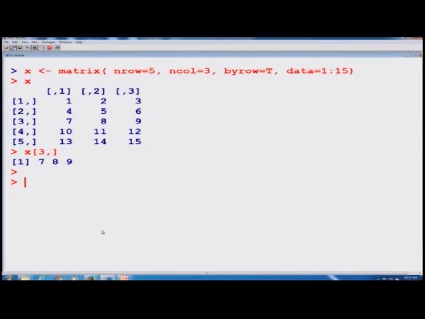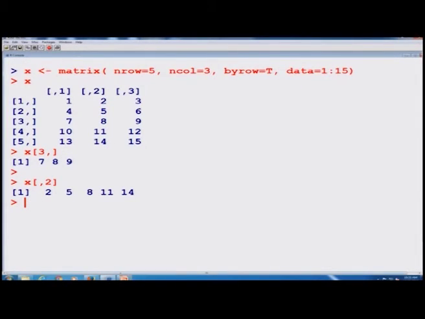Right. Suppose I want to have information about the second column. So, I have to write x, the variable name, the matrix name, blank, then comma, and then 2 and then close the bracket. So, I get the same thing which is 2, 5, 8, 11, 14, and I get it over here.